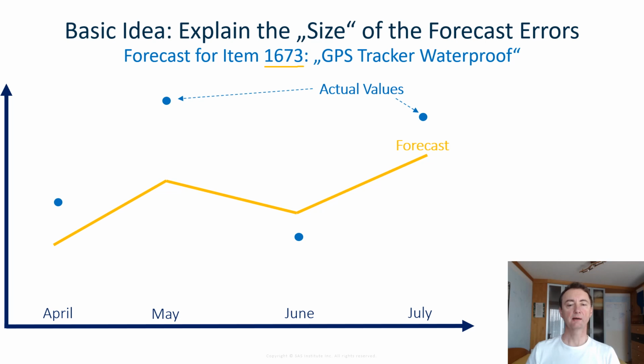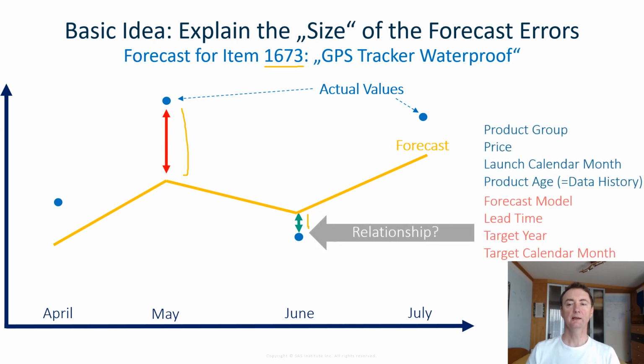We see that in some months we are a little bit further away from the true value, and in other months we are closer to the actual value with our forecast. We would now like to study whether features of the forecast and the product have an influence on whether the forecast error is larger or lower.